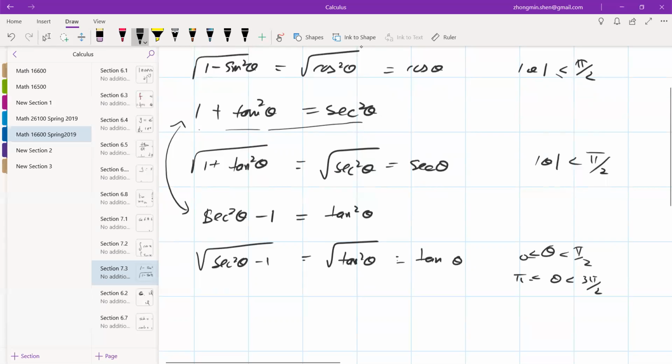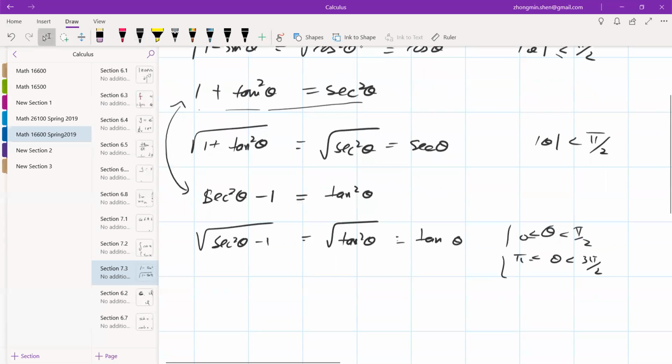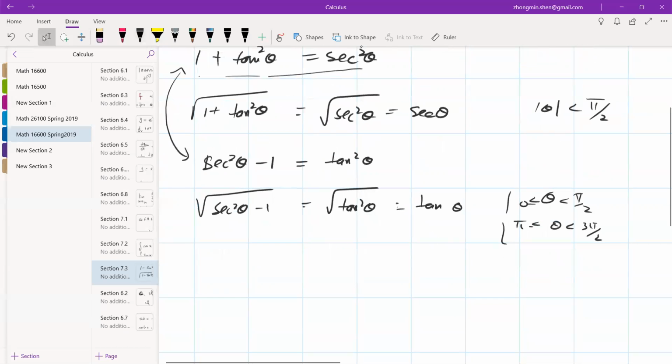This is why we have to restrict theta to those 2 intervals. This is where we define the inverse, because when you use x equals secant theta, you have to solve for theta. Then theta must be in one of those two intervals. This comes from the inverse function domain.